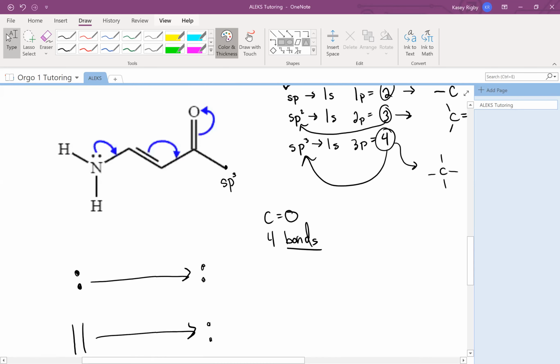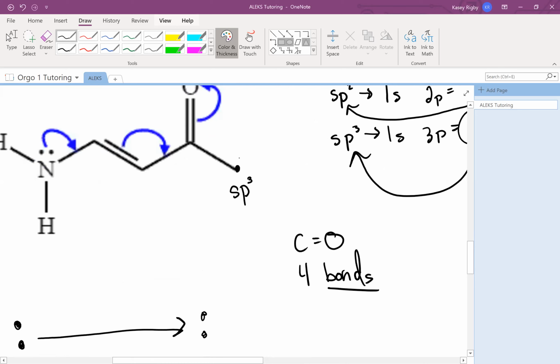Okay? So here we know this guy has 4 bonds, so it has to be sp3. Here, this carbon has 1, 2, 3, 4 bonds already, so it does not need any of those hidden H's. And if we count around, we see it has 1, 2, 3 electron groups around it, so that means it's sp2. Okay?